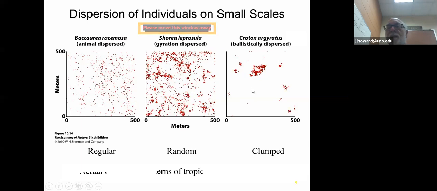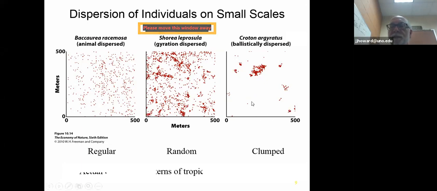one. Finally, here's one. This is a little shrub that is ballistically dispersed. Okay, so what that means is that these things form a seed in a little pod, and the pod dries out from the base towards the tip and basically pushes out the seed, as if it was a pea shooter, and sort of flips it a small distance away from the parent plant.